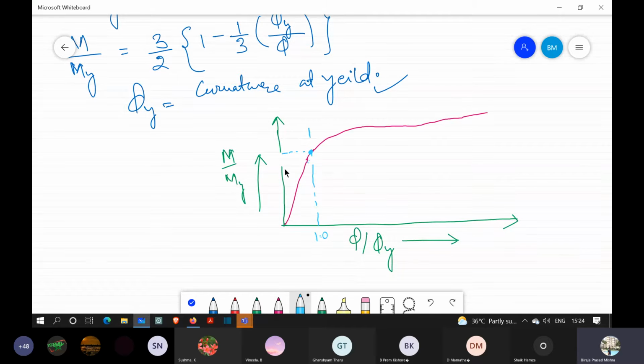Okay, next somewhere here it will be in zone 2, next somewhere here it will be zone 3, and somewhere here it will be zone 4. Okay, and the corresponding value, it is 10 here and it is 1.5.